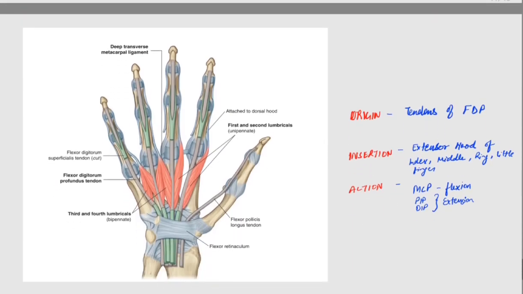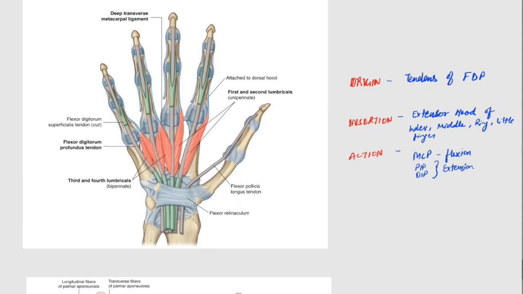Now coming to the lumbricals, there are four lumbricals, two medial and two lateral.